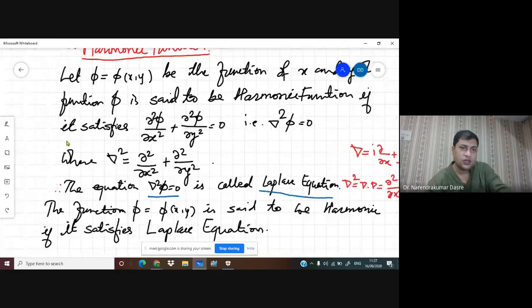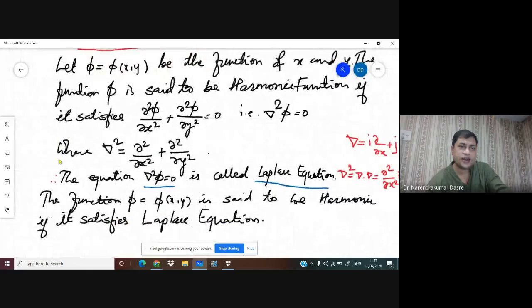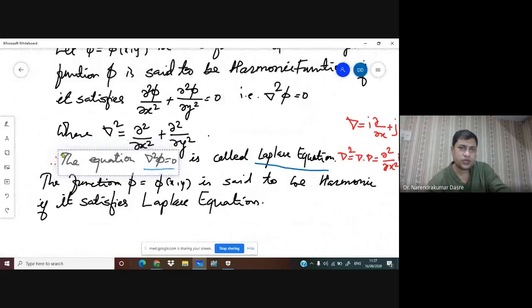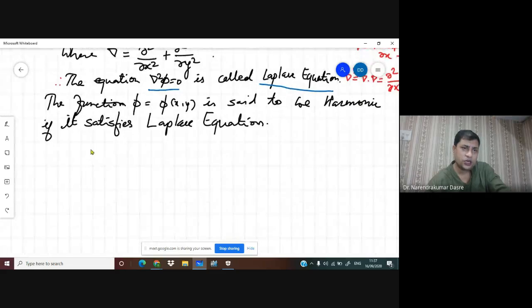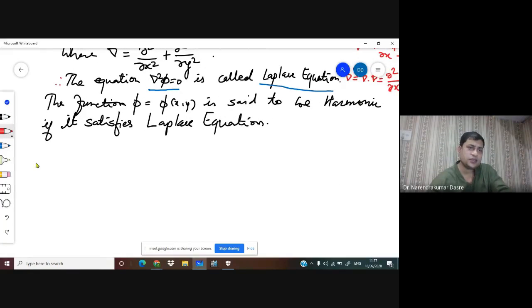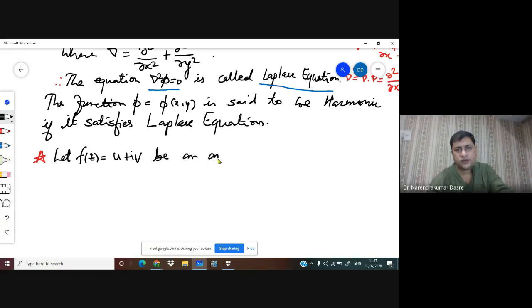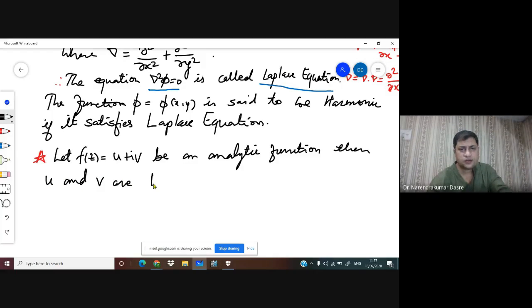So if it is a harmonic function, how is it related to the analytic function? Because we are exploring more about the analytic function. So the question is how it is related to the analytic function, and hence we have: let f of z is equal to u plus iv be an analytic function, then u and v are harmonic functions.